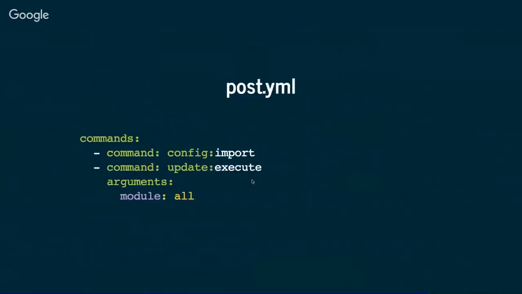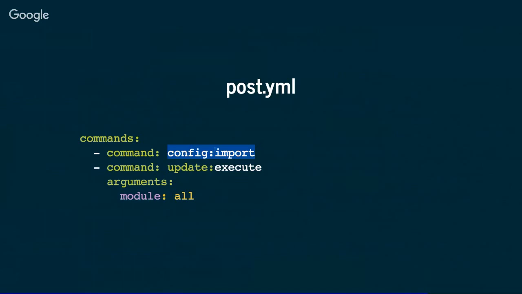And post install or post update, just to avoid remembering every single time that I run composer, to avoid having to memorize running config import and config update after just getting the changes, syncing the repo, we can attach something like this.